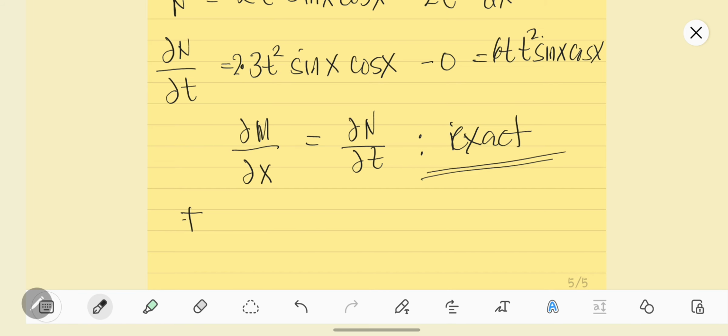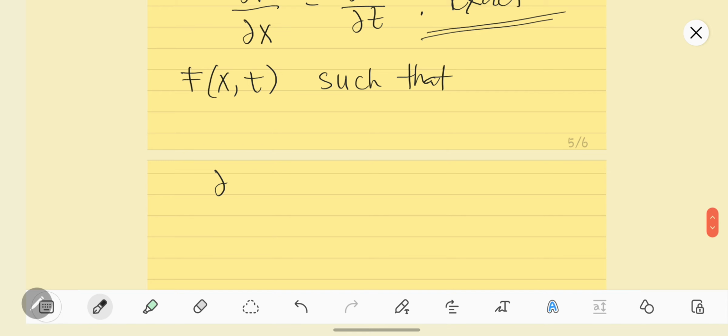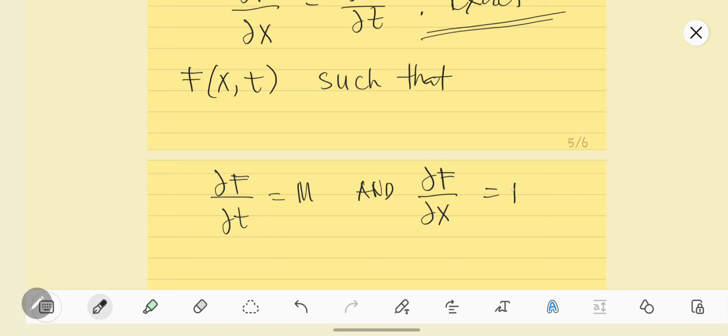So the f of x and t must exist such that the partial derivative of f over dt is equal to m, and then the partial derivative of f with respect to x is equal to n.